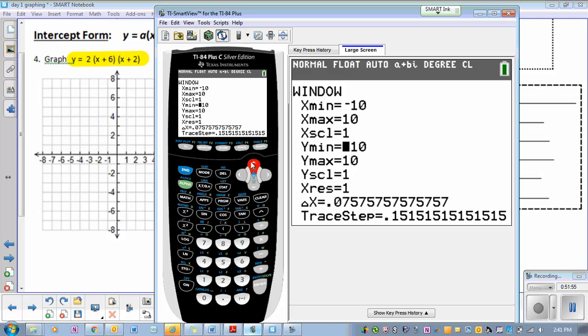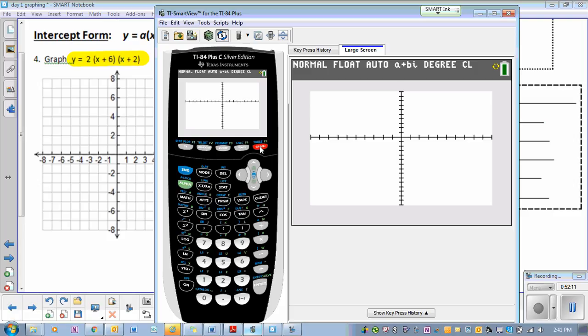So make it -15 for your Y min. It doesn't change anything else. It just makes the bottom part of your graph a little bit longer. So then let's hit graph. Does that help a little bit?